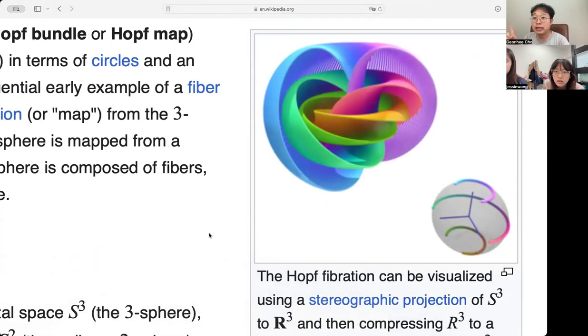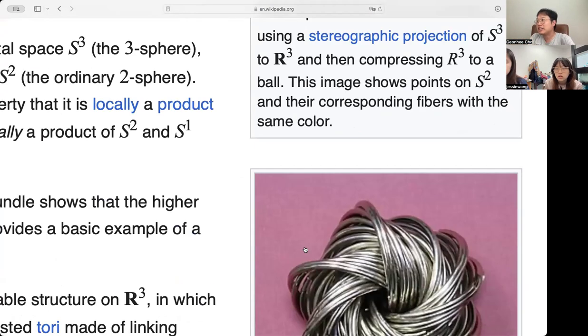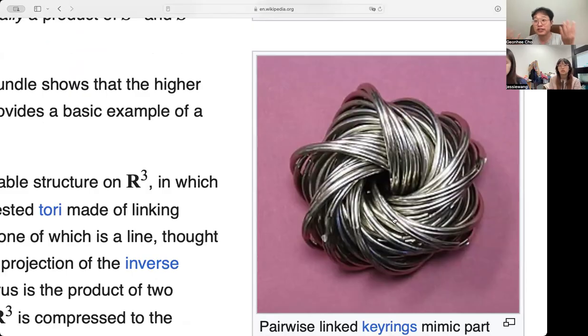Keep in your mind that we start from S3, then we multiply by e to the I theta. If you move theta from 0 to 2 pi, what happened? Circle. Of course, we cannot really visualize a three-dimensional sphere, but you can assume this is a three-dimensional sphere. Is it okay with you?